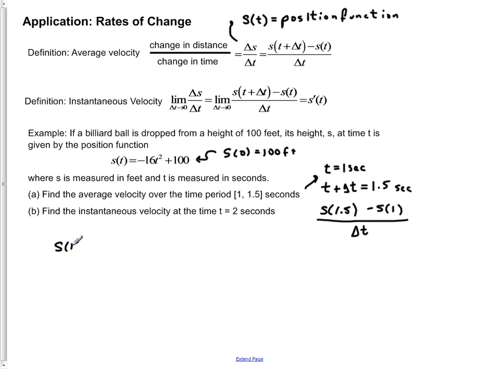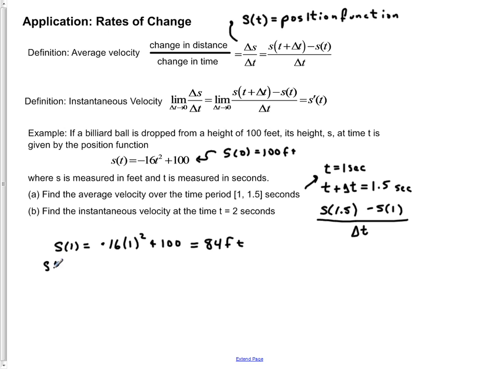S at 1 second would be equal to negative 16 times 1 squared plus 100. And we know that that's equal to negative 16 plus 100. Negative 16 plus 100 would be 84 feet.